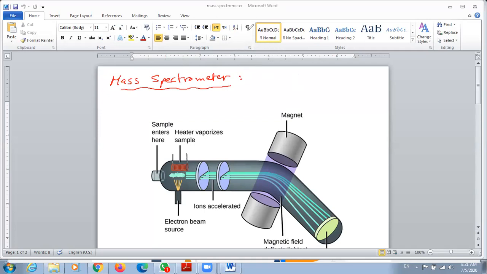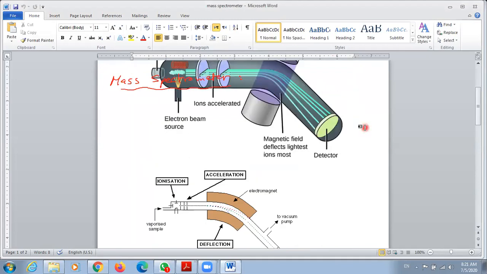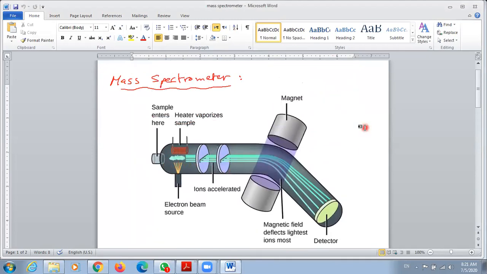In order to find out the number of isotopes and the different abundances of any element, we start to introduce our element from here. We put our element here from this opening, and then it is going to be subjected to a heater, where this heater will make our sample in the vapor state.